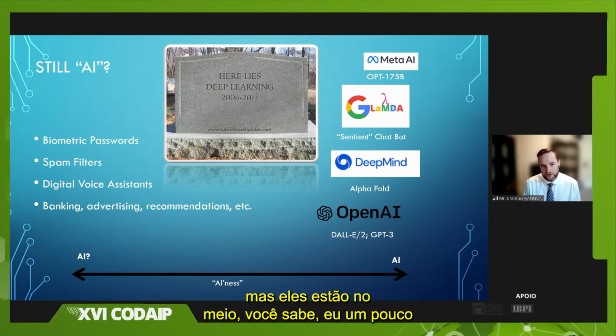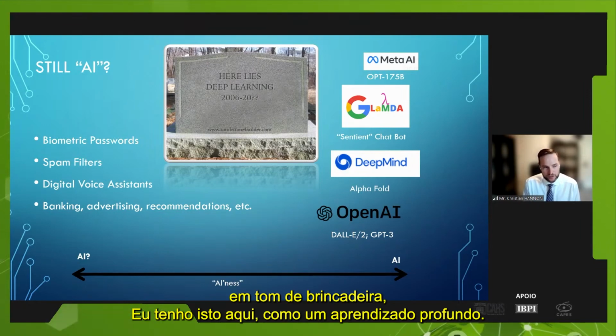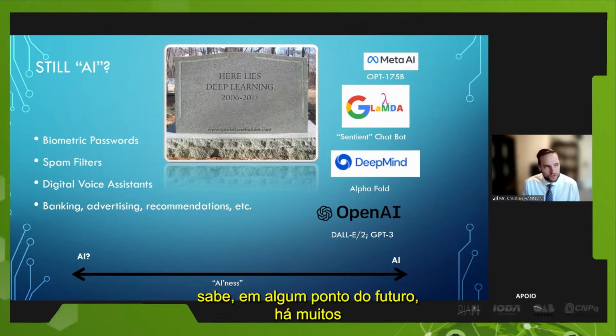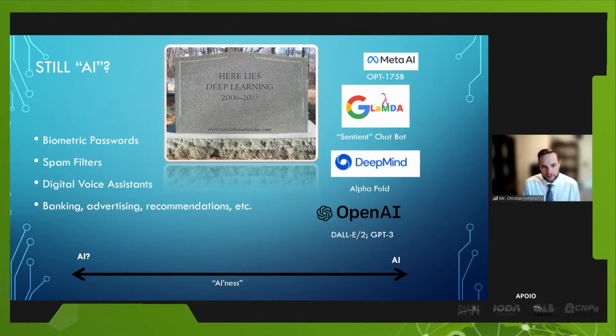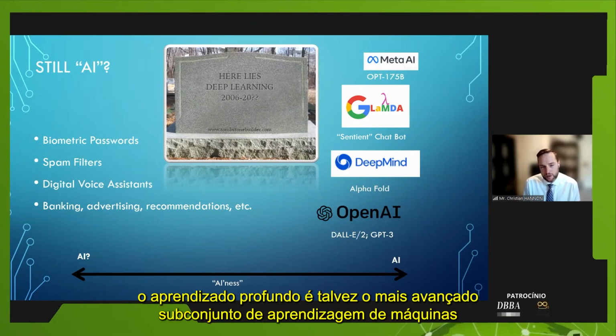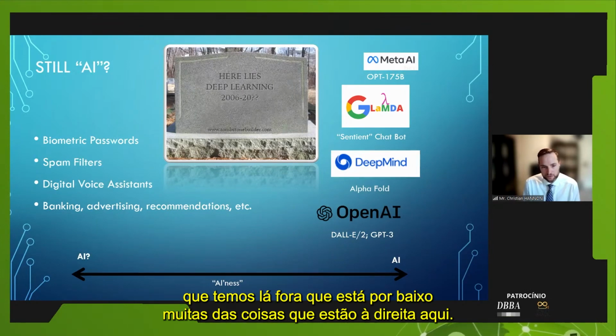But there in the middle, somewhat in jest, I have this serialized deep learning. So back in 2006, when that term was first coined, till some point in the future, there's a lot of researchers in the AI field that today are starting to make claims that deep learning is maybe the most advanced subset of machine learning that we have out there that underlies a lot of those things on the right here.